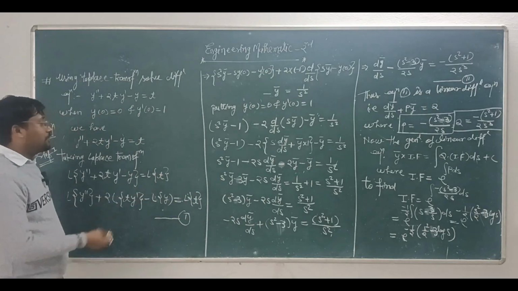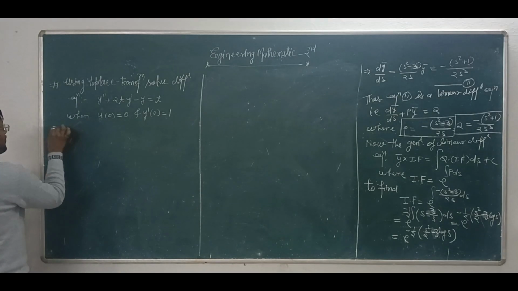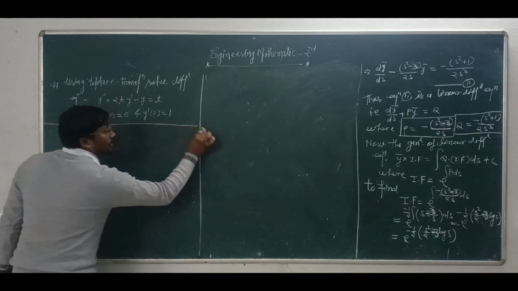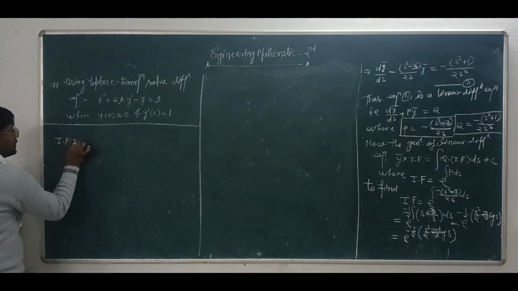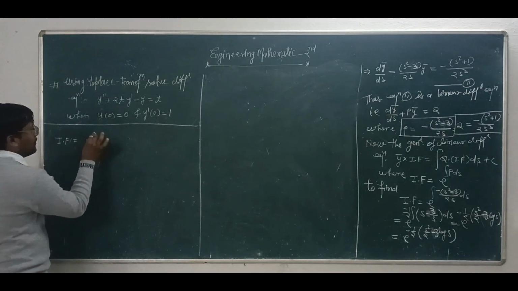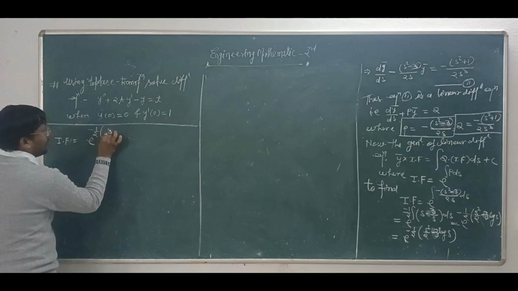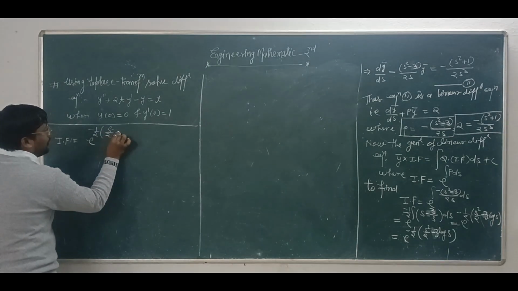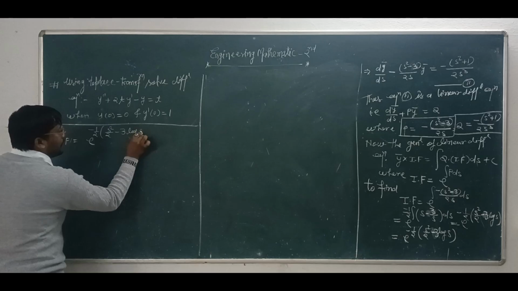You can note down this problem. You can note down IF is equal to e to the power minus 1 by 2 bracket s square by 2 minus 3 log s.